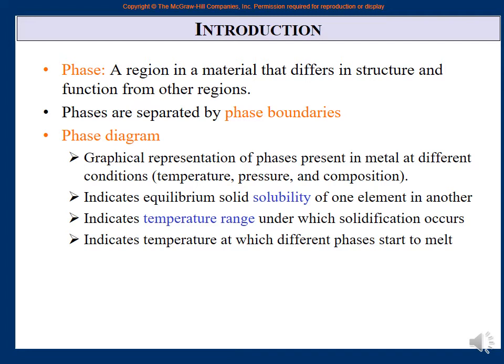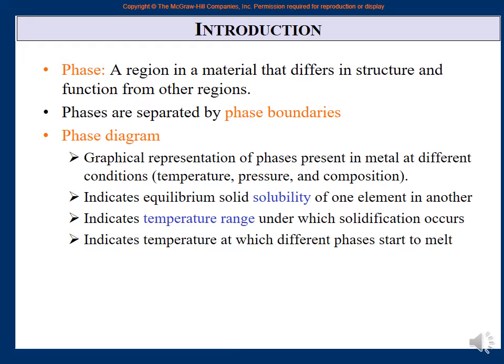You go into a microscope to see a very, very small part and think of one small crystal. Even in a small piece of material, there will be millions of crystals, and each crystal has a certain structure and each crystal has a certain function and property. So it has a certain phase, right? Each crystal has a certain phase and it has a certain phase boundary.